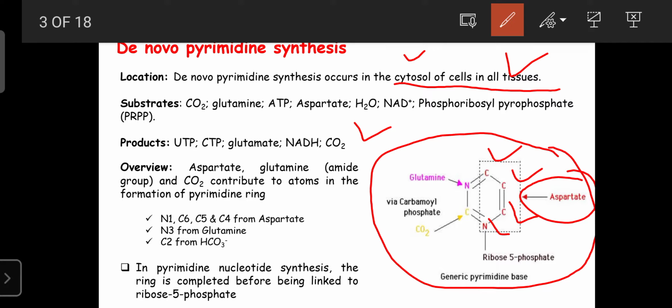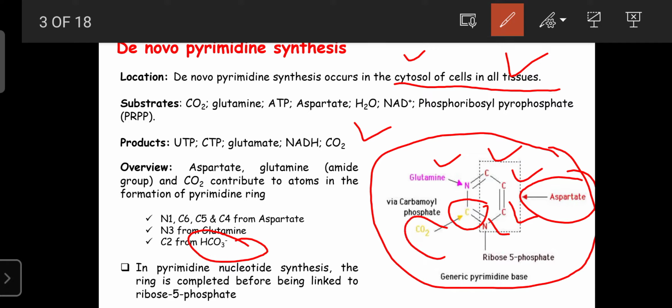Aspartate is an amino acid, and it can contribute the nitrogen in position 1 and the carbons in positions 4, 5 and 6 of the pyrimidine base. Then N3, the nitrogen in position 3, is contributed by glutamine. And the carbon in position 2 is contributed by bicarbonate.